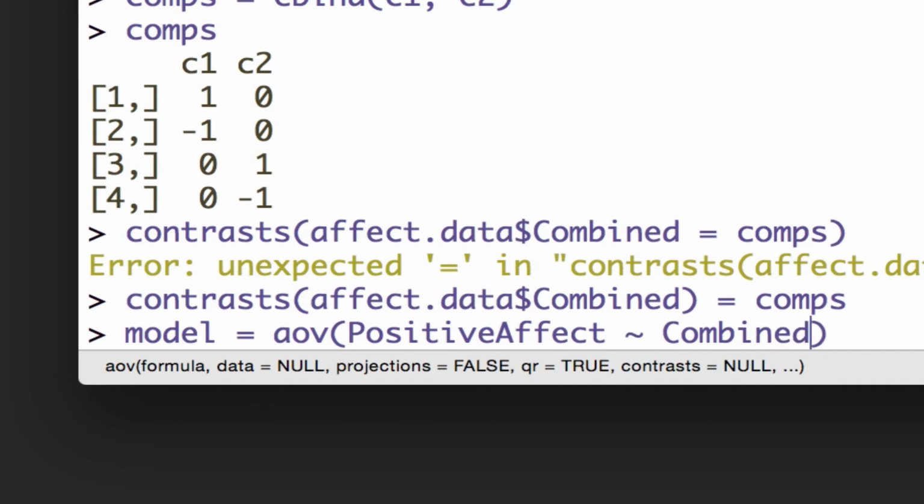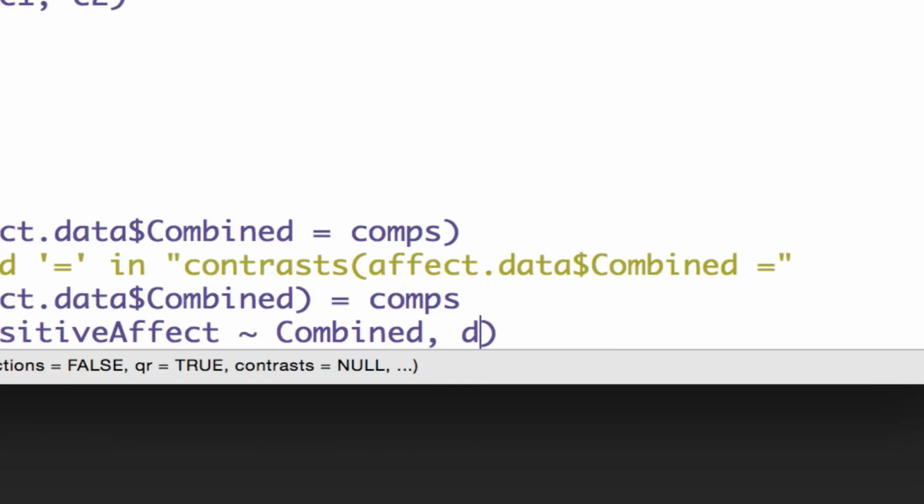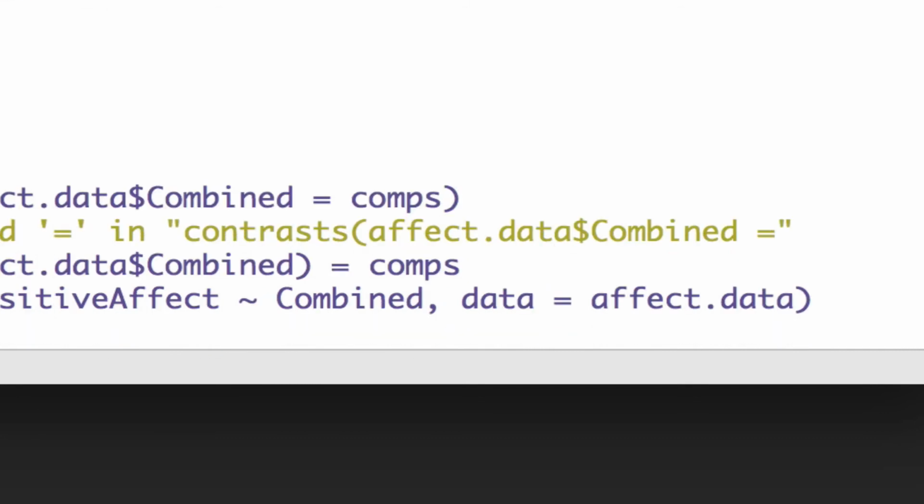and that formula applies to the data, and the data for that formula is in the affect.data object. If we submit that, it runs fine, but that's not going to give us the information that we want.